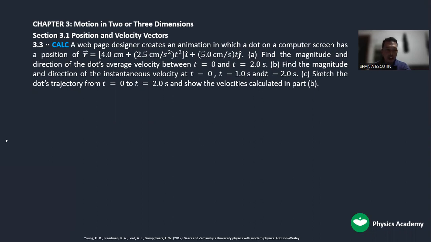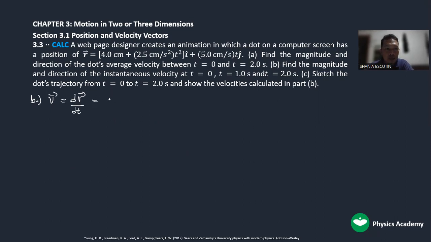Okay. So from our lesson, we know that the instantaneous velocity vector v is just equal to the derivative of the position with respect to time. Okay, so that is our instantaneous velocity.